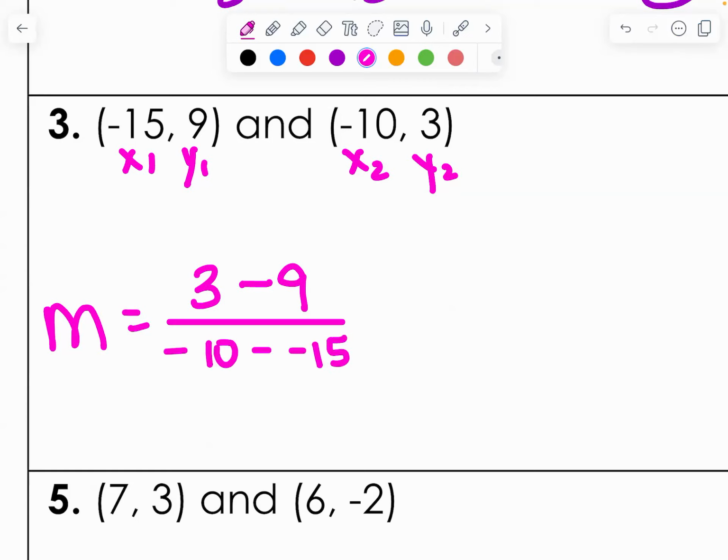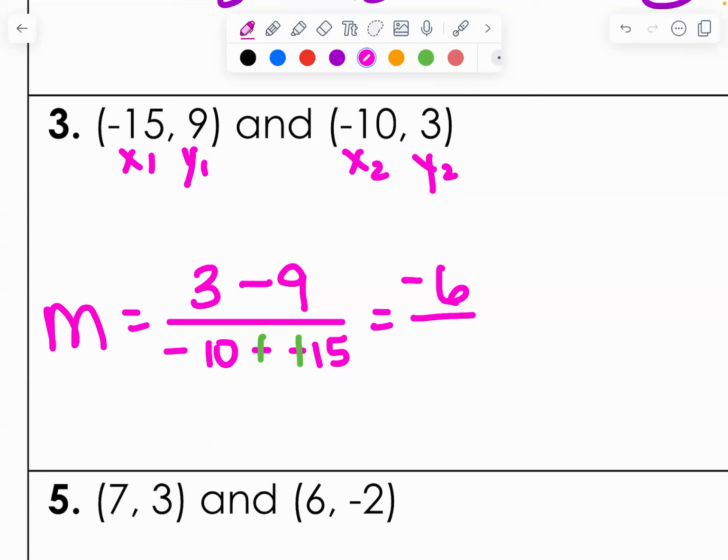All right. Kaylee, what is 3 minus 9? -6. Okay. Lainey, what's -10 minus -15? Since we're subtracting -15, it becomes plus 15.